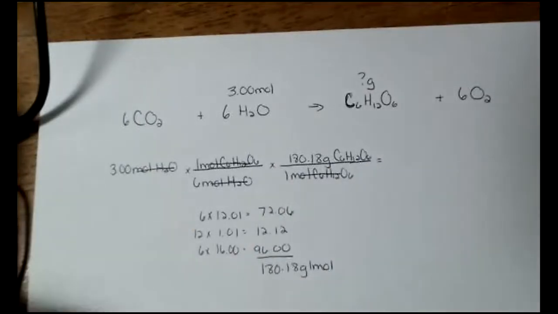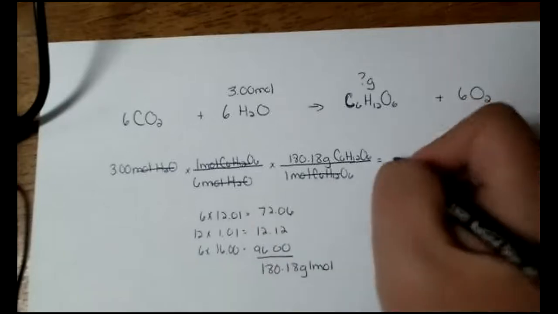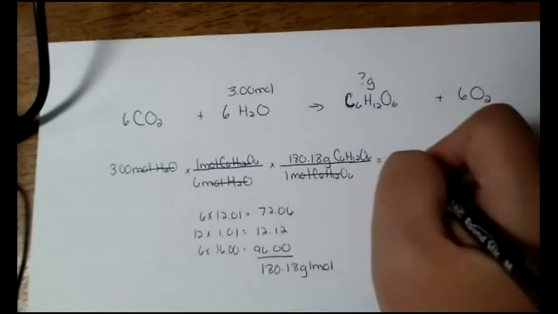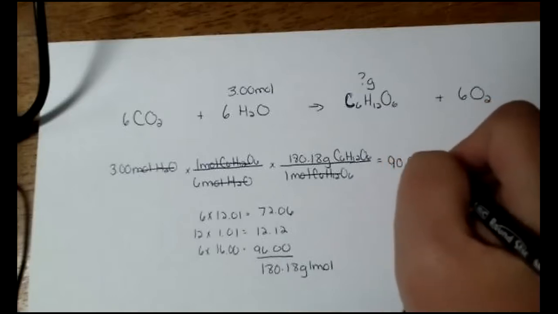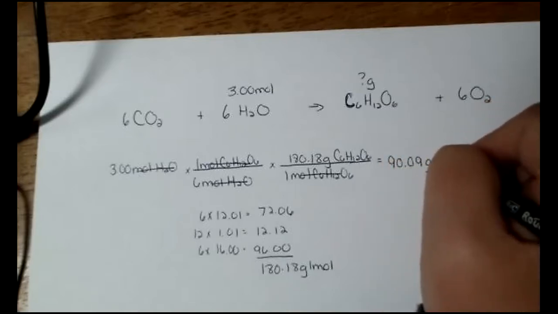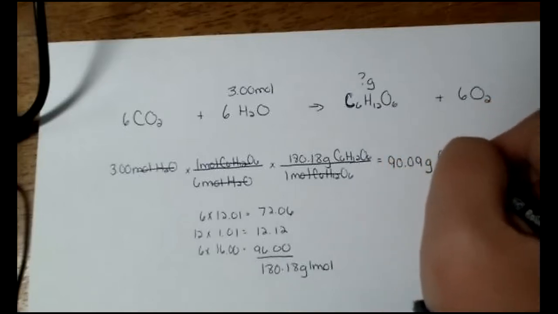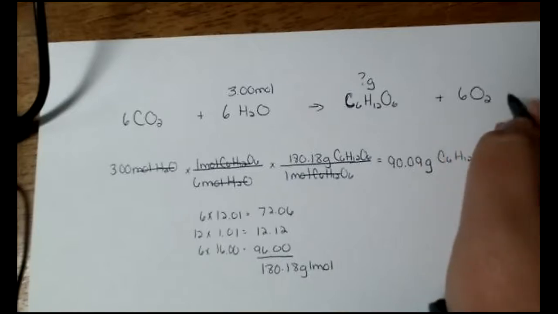So to do that, I'm going to say 3 times 1 times 180.18 divided by 6 divided by 1, and I get 90.09 grams of C6H12O6.